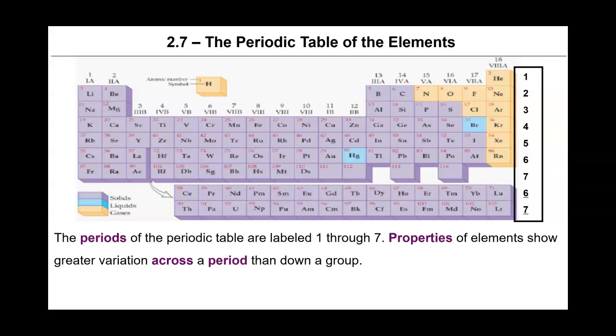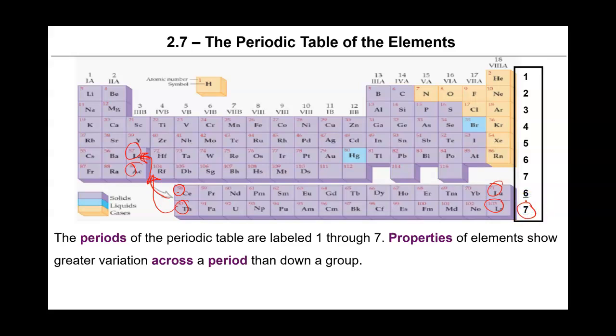There are 7 rows to the periodic table, labelled 1 through 7. And it's always best to label these on the right-hand side of the periodic table if your periodic table doesn't have these included. And something important to recognize is that elements 58 through 71 really should be up in row 6, and elements 90 through 103 should also really be up inside the main body of the periodic table in row 7.